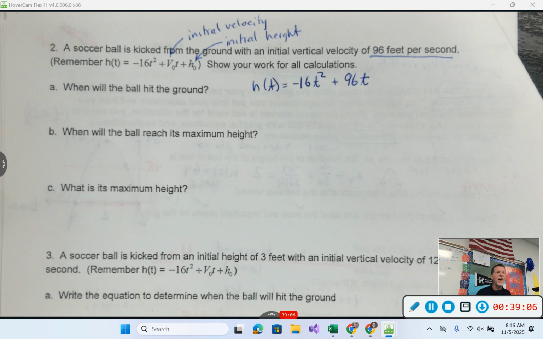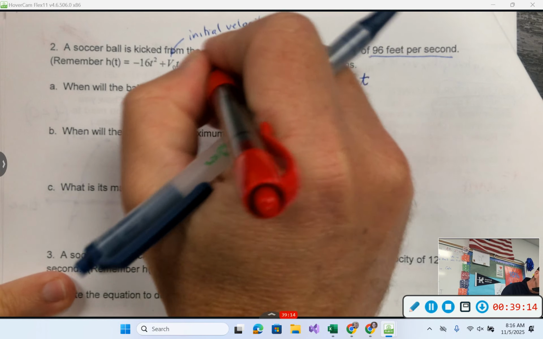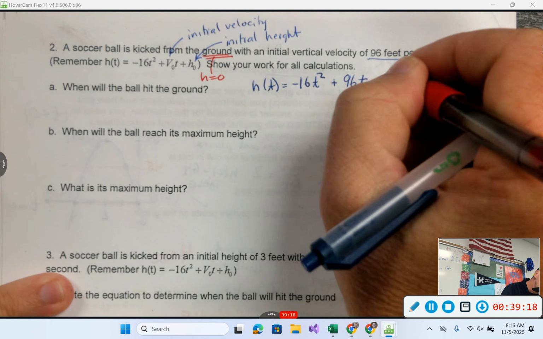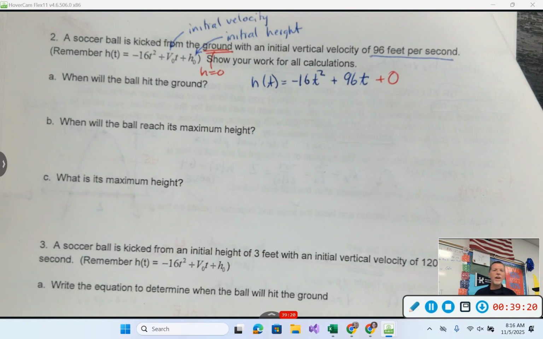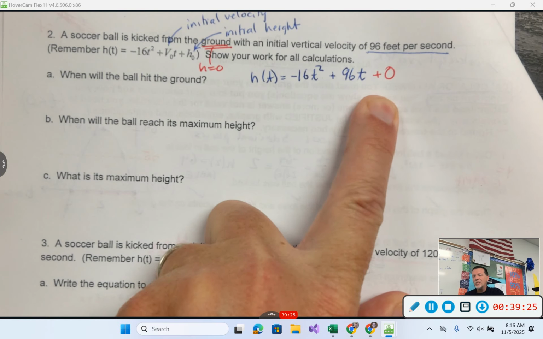What's the initial height? It never says the initial height is 0. Why did you say 0? You're right. From the ground. So if you're on the ground, that means your h is 0. Obviously, you don't need to write plus 0, but that sort of emphasizes that you're starting at 0.